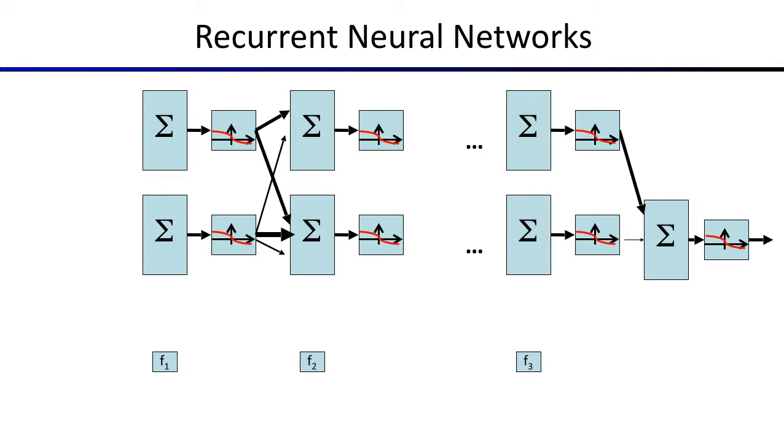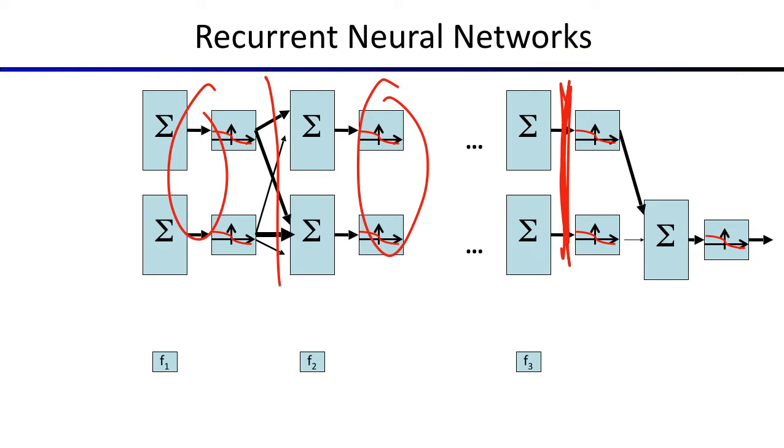The other one, just to talk about it very briefly, is what's called a recurrent neural network, where now, rather than tying our parameters together in space, like we did for these vision tasks, we tie our parameters together in time. So we say the set of weights that take us from these activations here to these activations over here are going to be the same as the set of weights that take us from these activations here to over here.